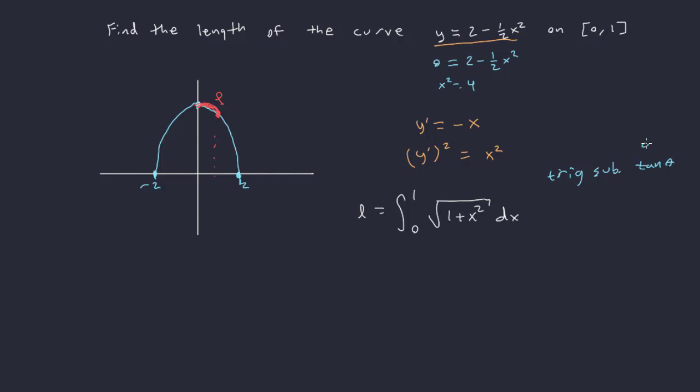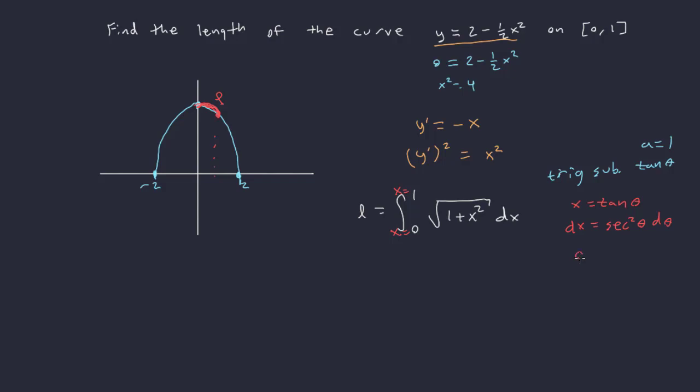There's no a. Well, I shouldn't say there's no a, but a is 1. So our substitution is going to be x is equal to tan theta, and dx is secant squared theta d theta. All right, and we'll need new limits, right? Because we have x equals 0 and x equals 1.